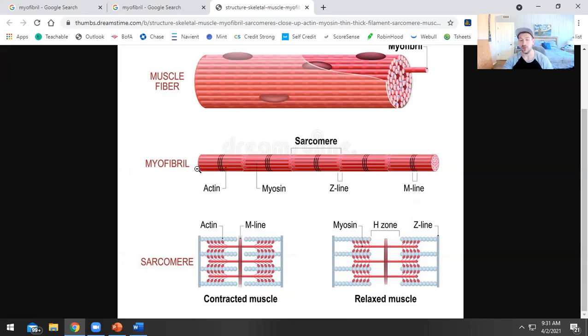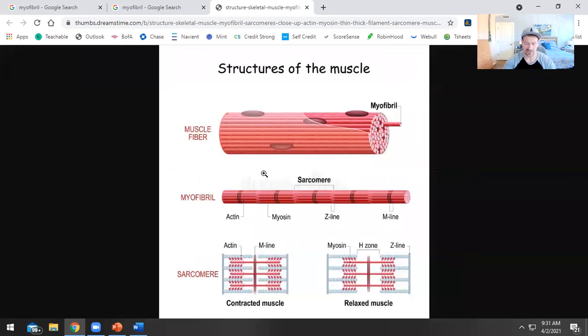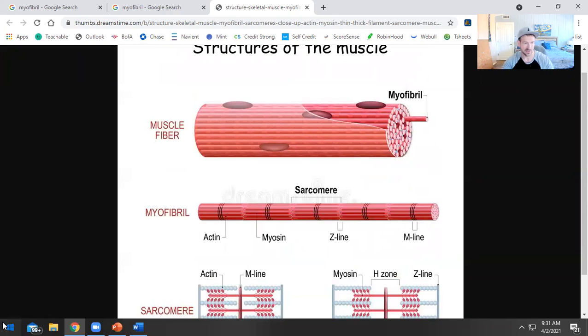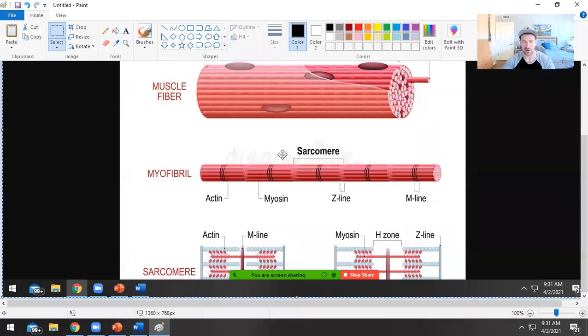So these myofibrils, which are tied end to end to end, have all these little proteins that are pulling in. You can see this one here, actually, let's take this and put it into Paint, and I'll describe this.